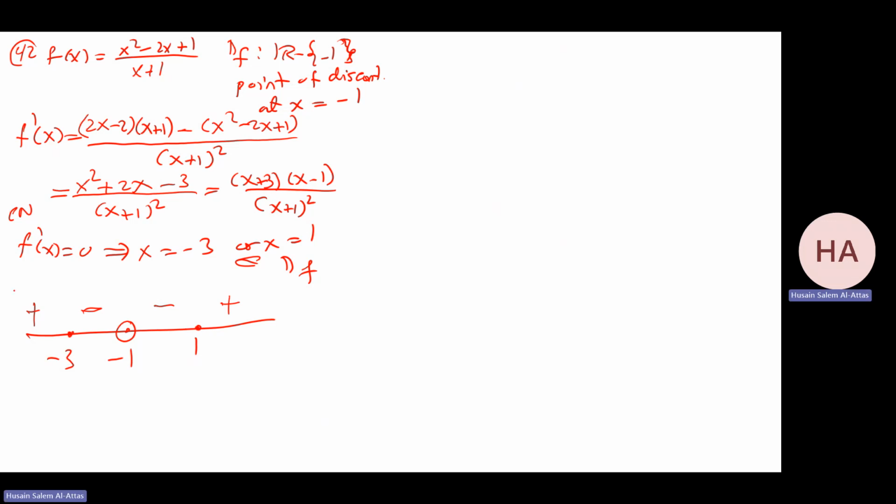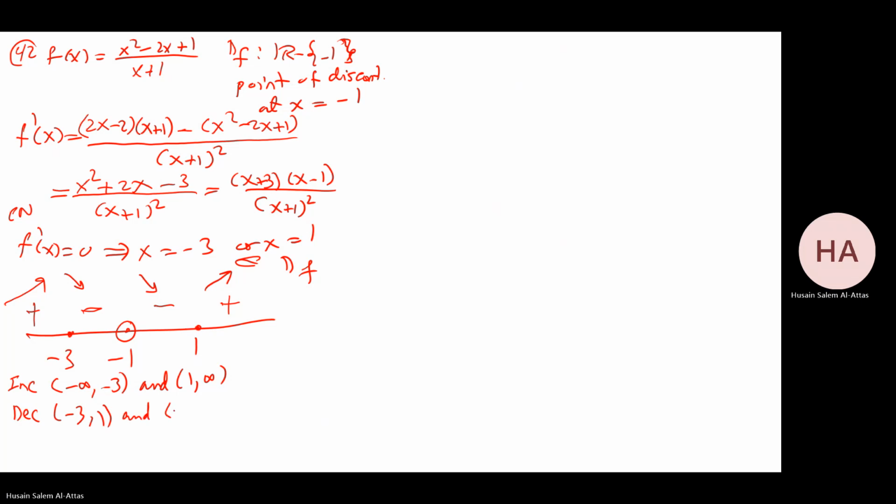Very clear. So it's increasing, decreasing, decreasing, increasing. So I have increasing from minus infinity to -3 and from 1 to infinity, and decreasing from -3 to -1.